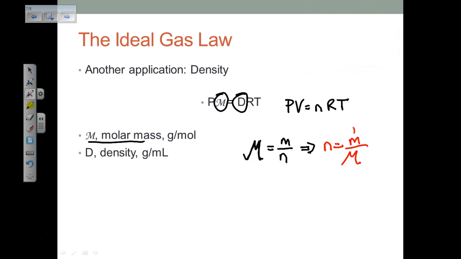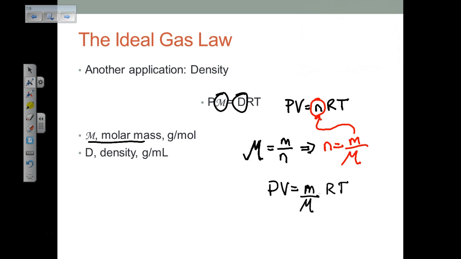So I'm going to take this and do what we call a linear substitution. I'm just going to take that and put that right in there. So now, when we do that substitution, we get PV equals m over M times R times T. Well, that doesn't look like this.